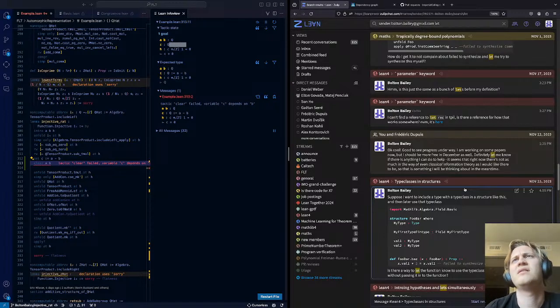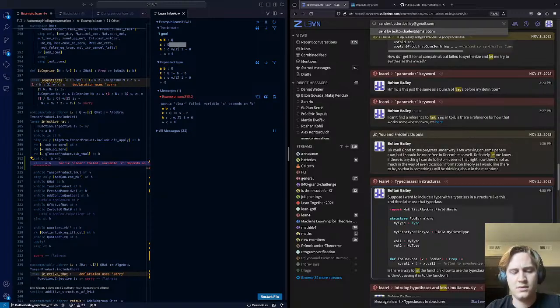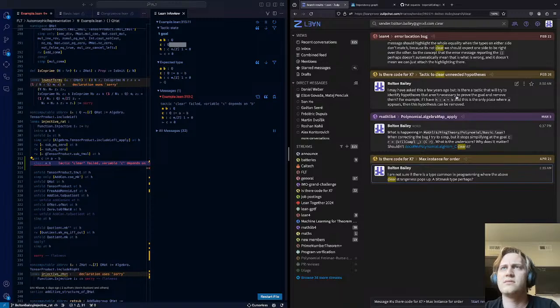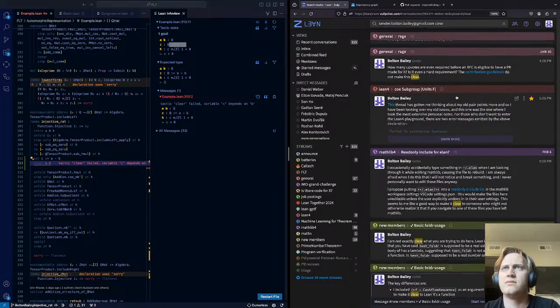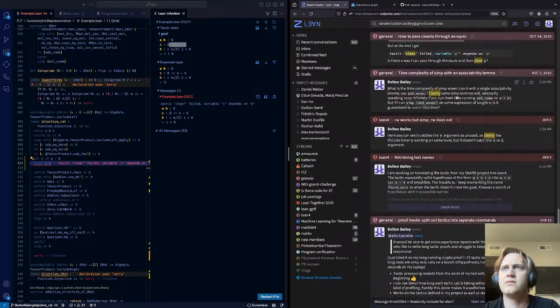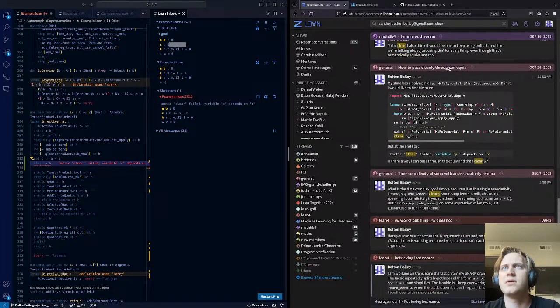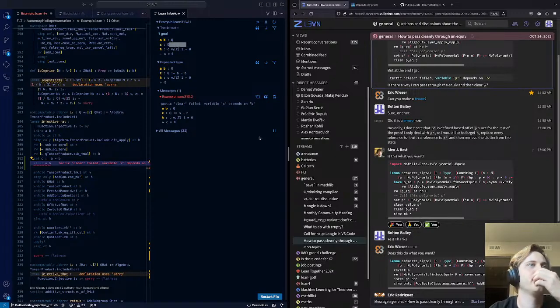I think there was something telling me how to do that. I feel like if I say clear, I'm sure it's this one, how to classify through an equiv. Clear value. There it is.